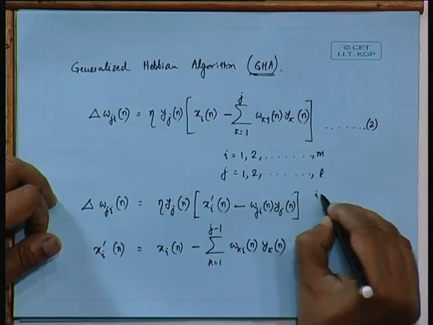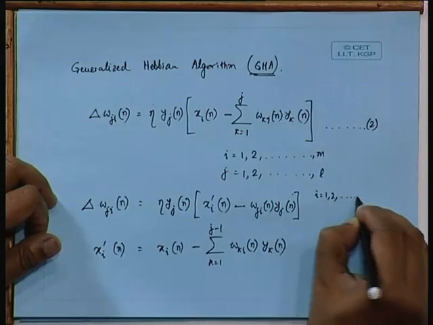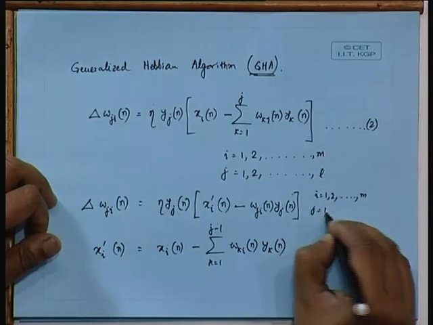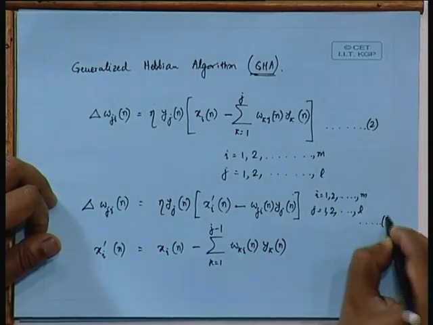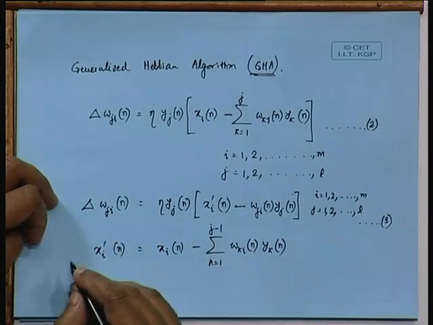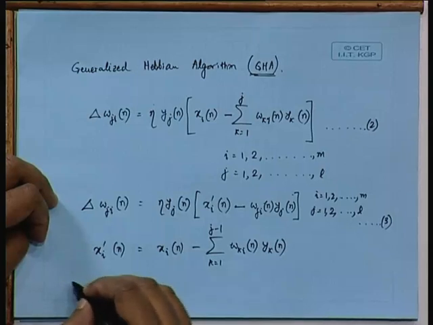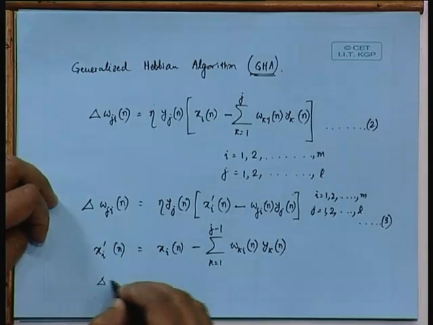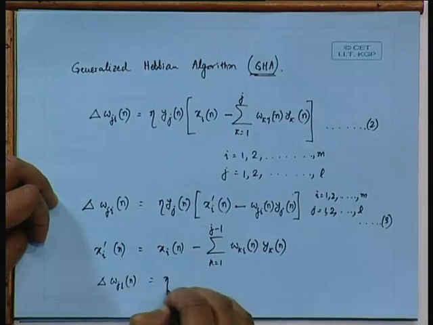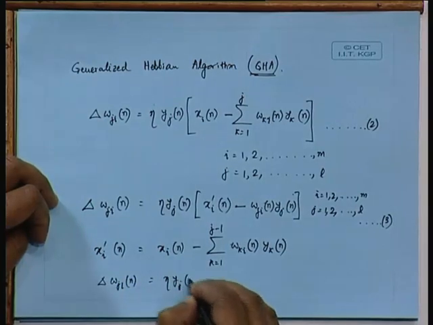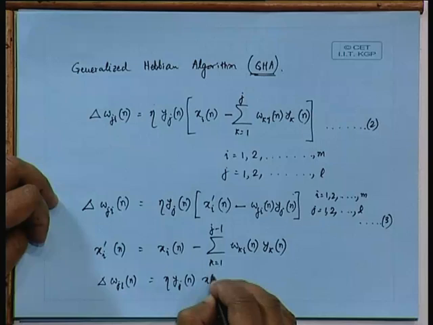So we can rewrite this equation, for i equal to 1 to m and j equal to 1 to L. This we call equation number 3. Equation number 3 can be rewritten as delta wji n equals eta yjn xi double prime n.